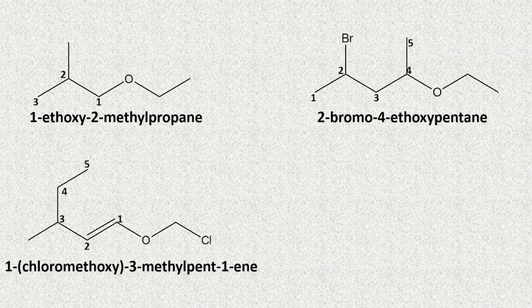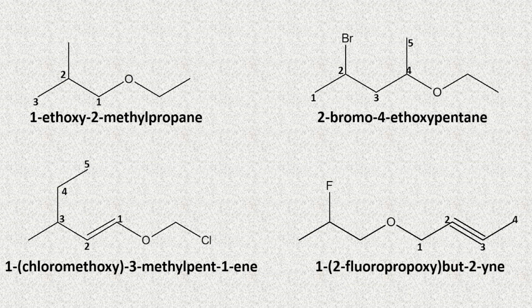Its IUPAC name is 1-(chloromethoxy)-3-methylpent-1-ene. Similarly, the fourth compound is 1-(2-fluoropropoxy)but-2-yne, and there is a triple bond in the alkyne chain at position number 2.